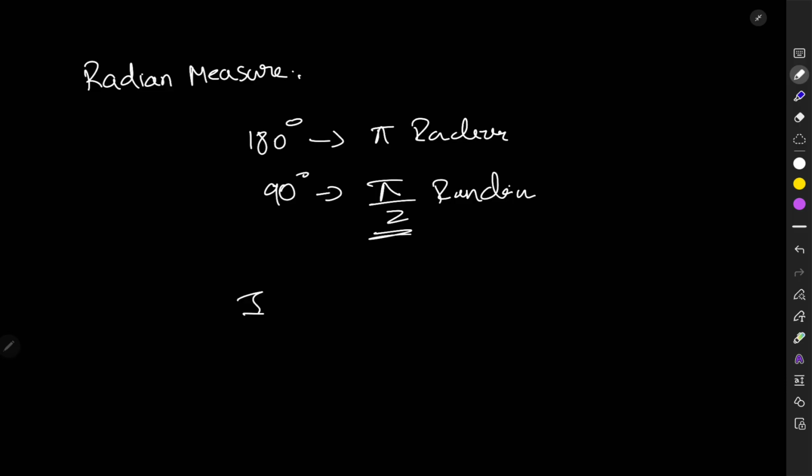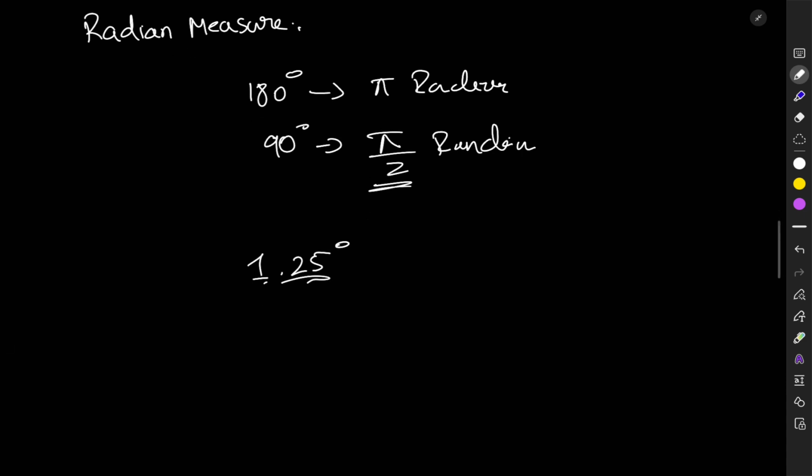And further going, what if we have something like a decimal degree? How will you convert it into the actual degrees? So remember, 1 degree is equal to 60 minutes. 1 minute is equal to 60 seconds.